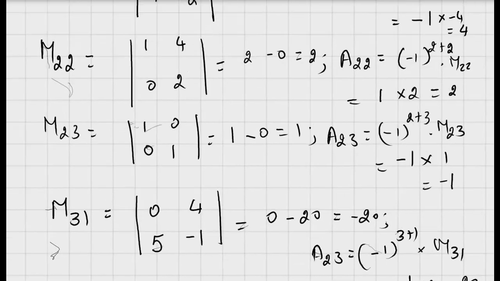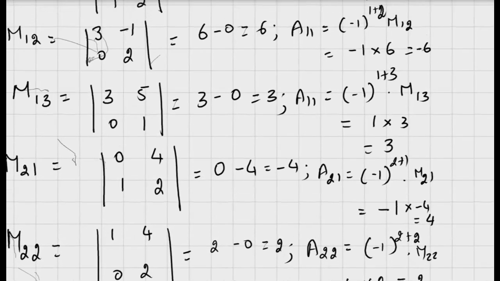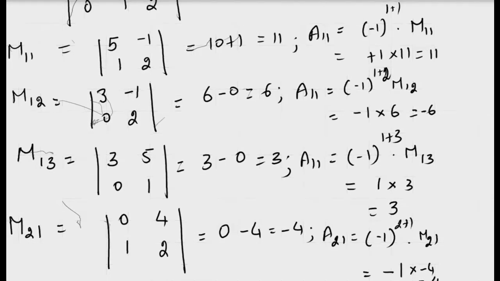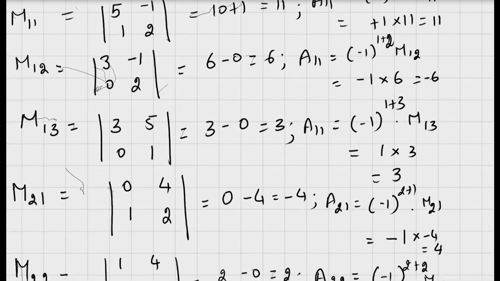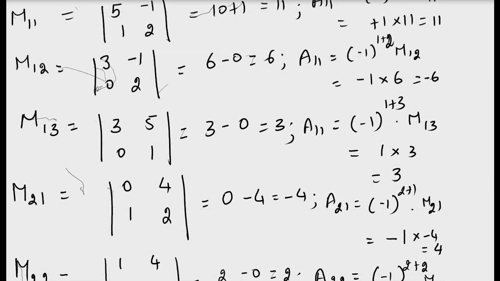So, let us quickly see the minors and cofactors for all the elements. Minor M11 is equal to 11 and cofactor A11 is 11. M12 is 6.